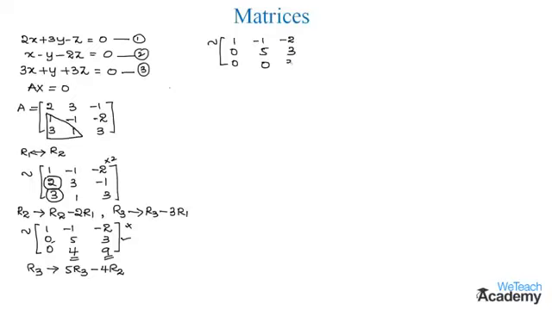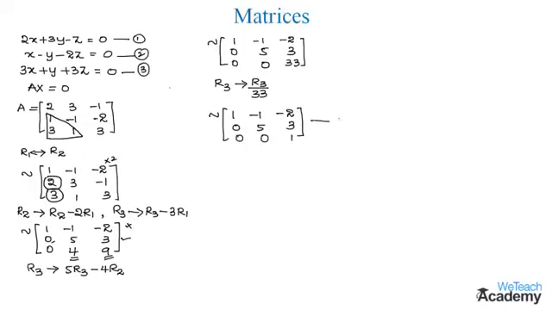So 45 minus 12 is 33. And now let us divide row 3 by 33, which is represented by the notation R3 implies R3 divided by 33. So the matrix A will be similar to 1, minus 1, then minus 2, and the next row 0, 5, 3, and the last row 0, 0 and 1.